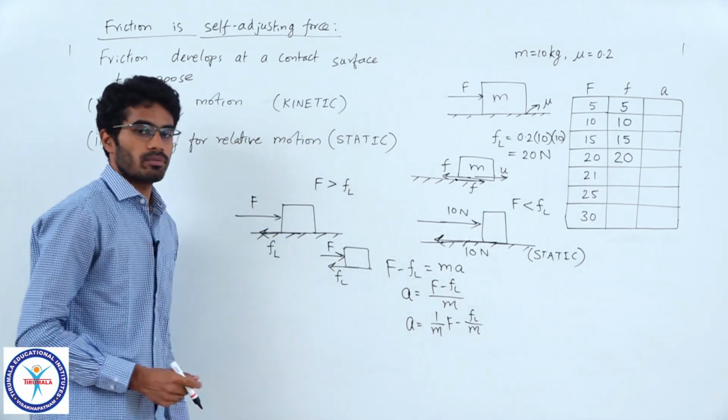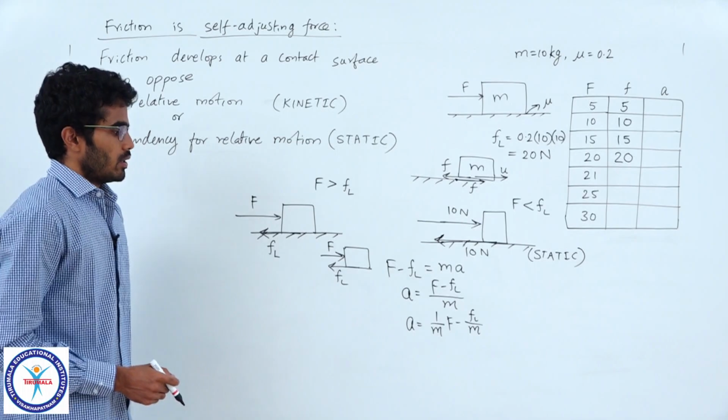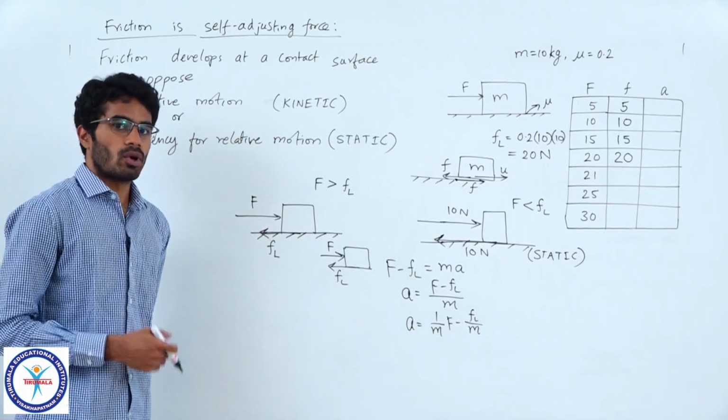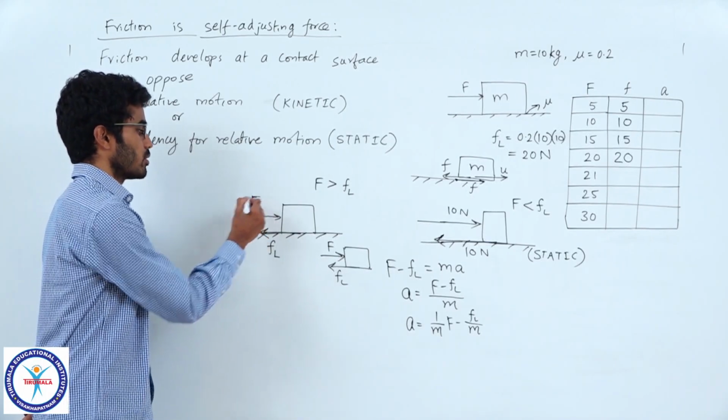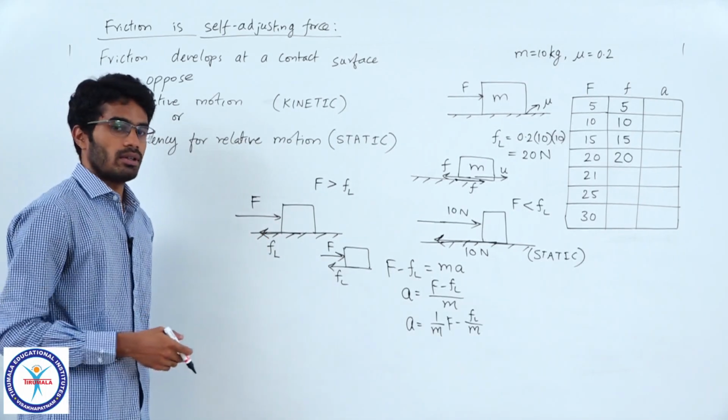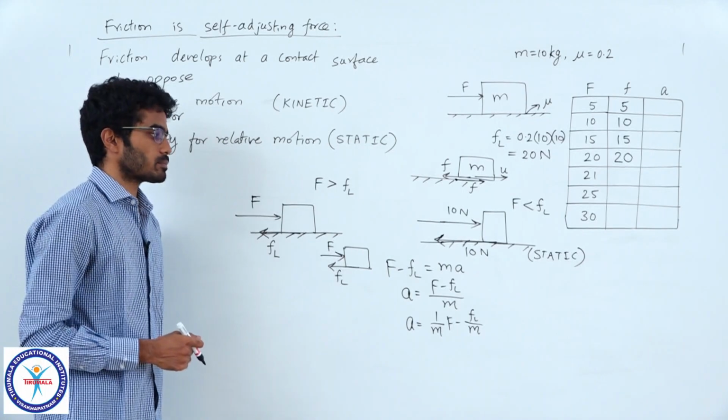You can write it this way. So, this will be the acceleration of the block now. Even if you increase the force even further, the acceleration will go on increasing.